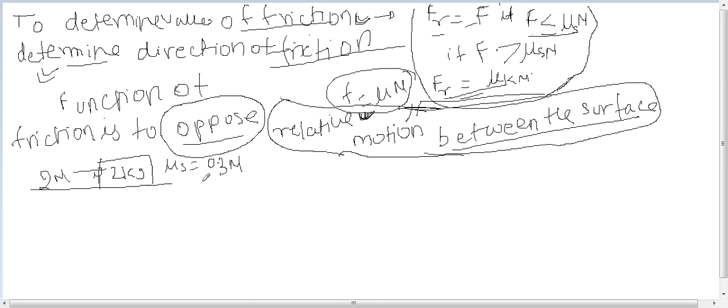We had calculated that the maximum value of friction is equal to 6 Newton, and since the applied force is less than 6, the friction force is equal to 2 Newton. In this case, this is the ground.